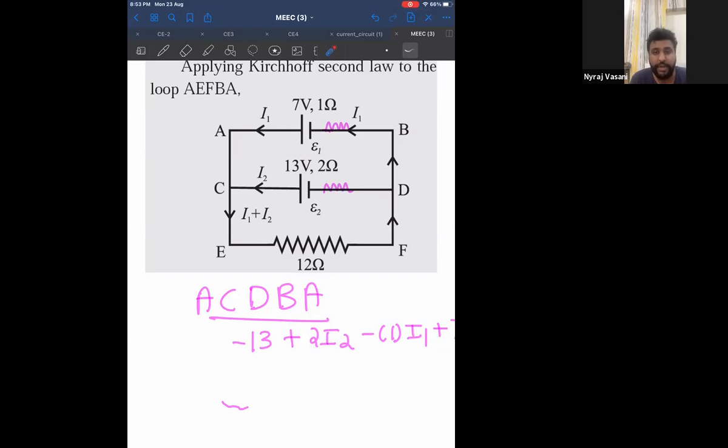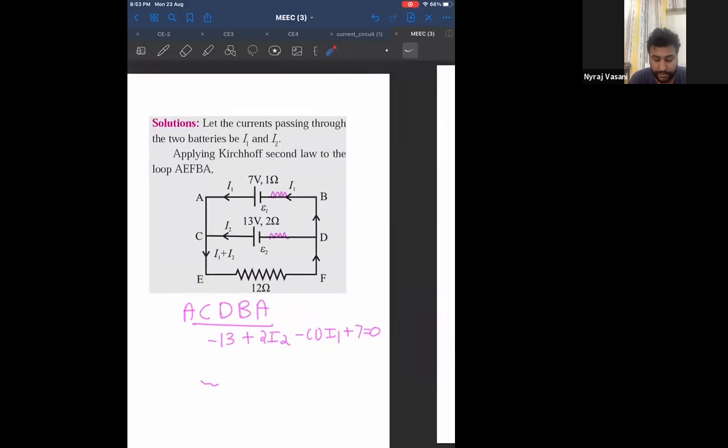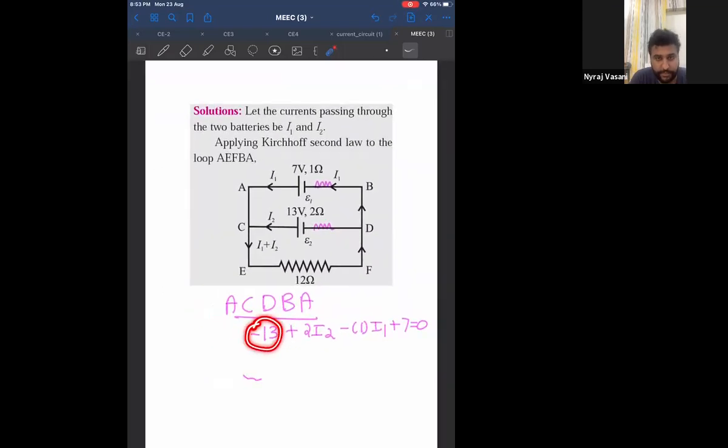This is a voltage term. Yes. This is a voltage term. Yes. Why am I telling you to make sure every term is a voltage term? Because the sum of all the voltages in a loop has to be 0. Is it clear? Sum of all the voltages in a loop has to be 0.